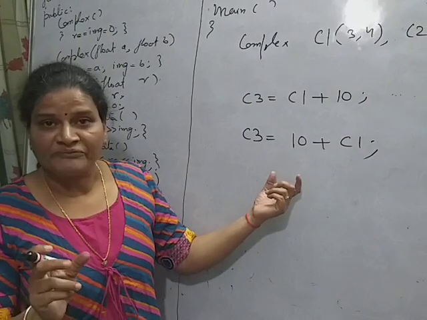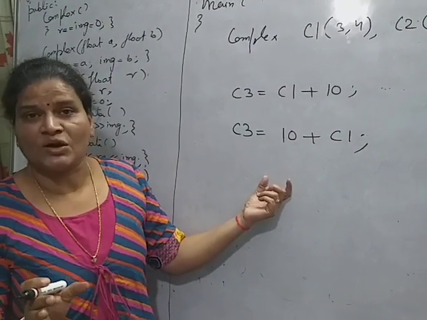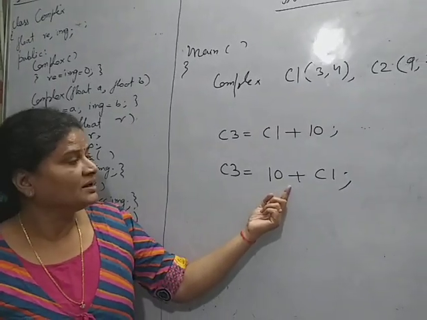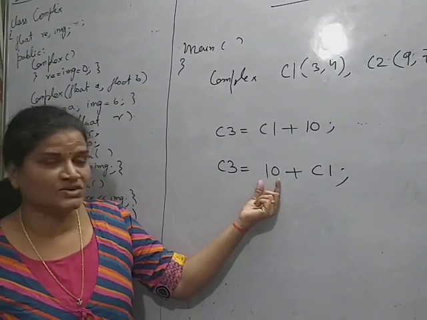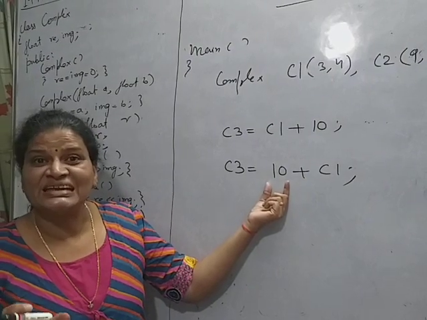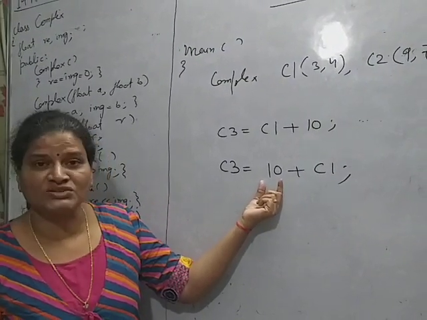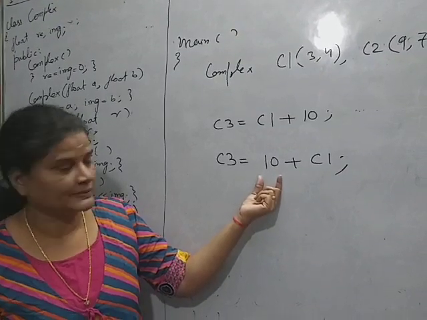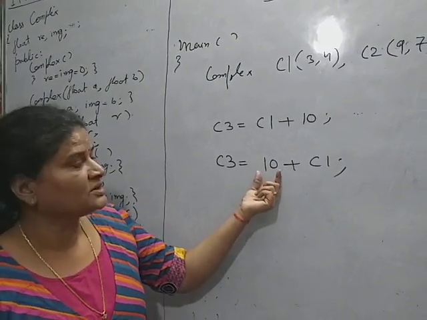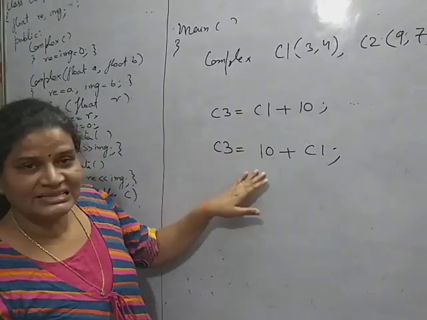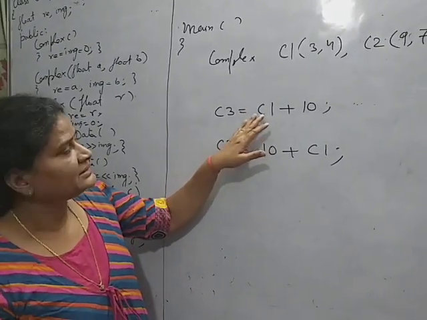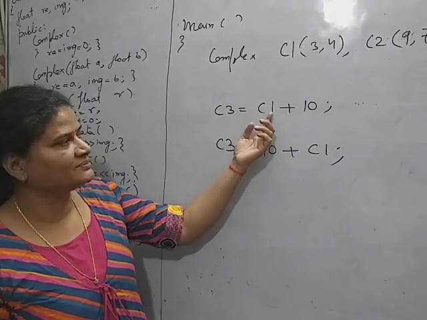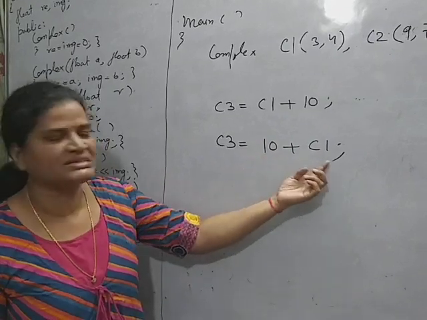Why? Because whenever we call a member function, one of the objects, the first object, is passed implicitly. With the help of this object, the member function is called using the dot operator. But here 10 is not an object, it is a constant. The meaning is the same, I want to add 10 to the real part of C1, and because plus is commutative, I can write 10 plus C1 also.